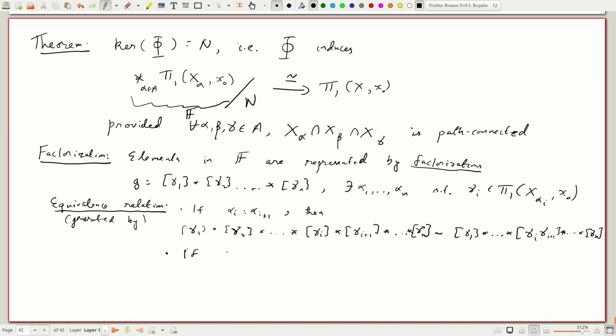But the more significant thing is if gamma i is a loop in x alpha i intersection x beta, and x0, then regarding gamma i as a loop in pi 1 of x beta, x0 gives an equivalent factorization.